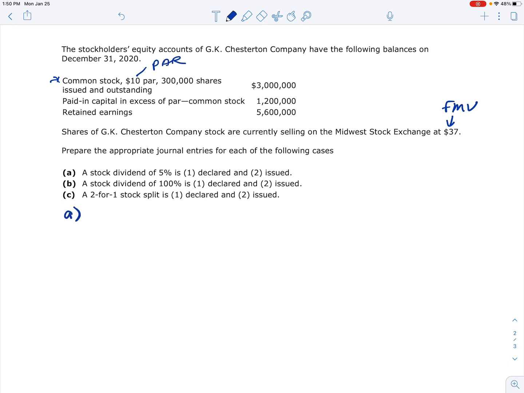So for A, we want to record the journal entries that go along with this. A, I can see 5%. That means it's a small stock dividend. So I know from going through those journal entries that we just did, I'm going to debit my retained earnings.